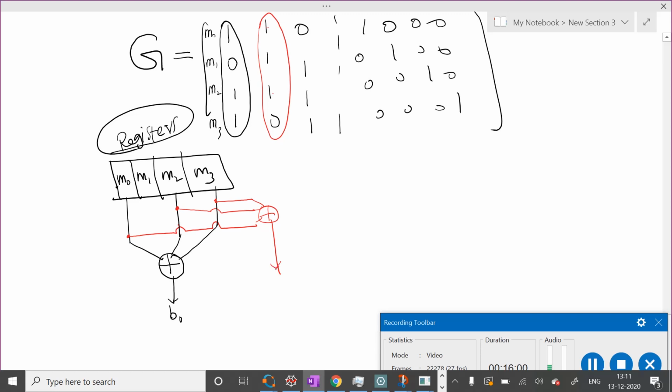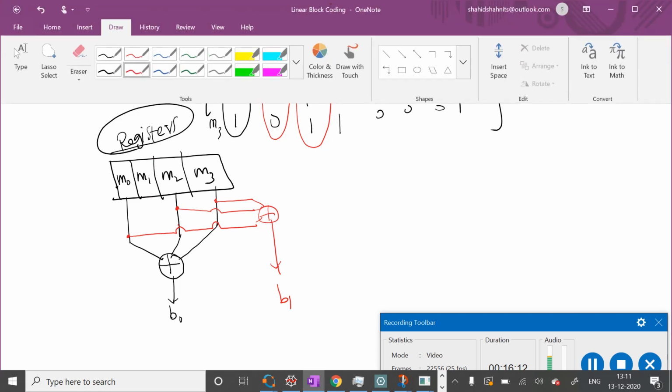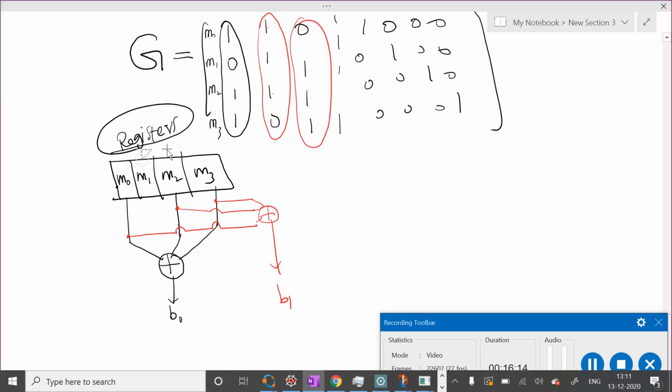And you will get B1, right? Then you have to take M1, M2 and M3. So let me take it with the blue color. M1, M2, M3. Again XOR it. You will get B2, right?